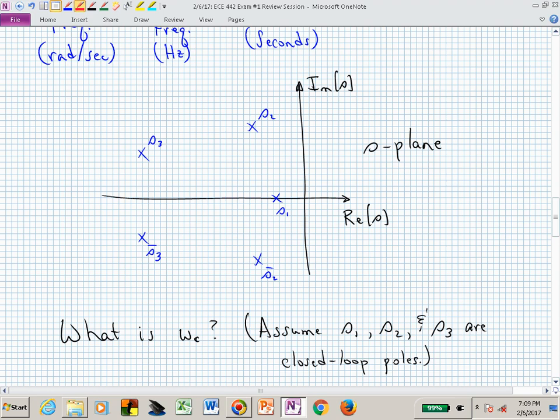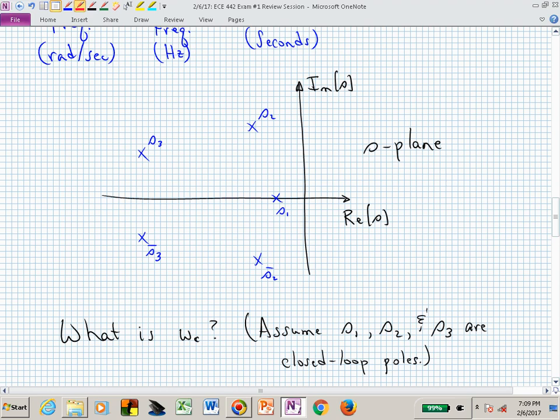Which of these 5 do we use to determine omega c? Closest to the origin is one answer. Do we have any other answers?